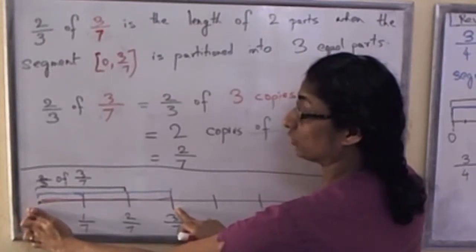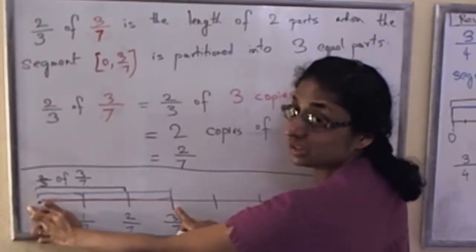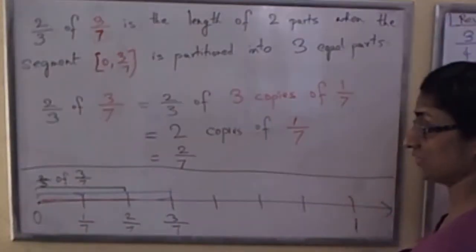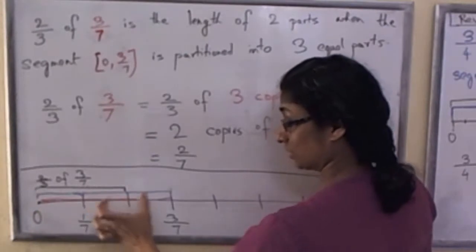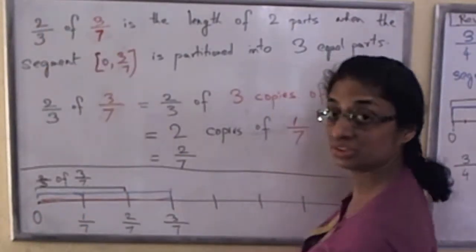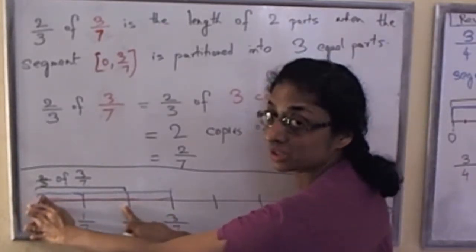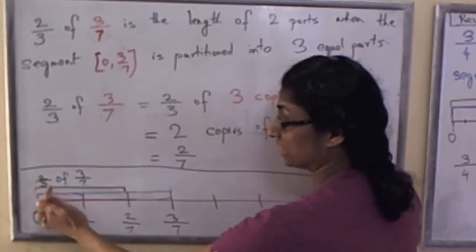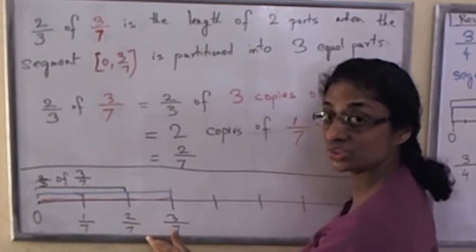Denominator 3 is telling us to partition this into three equal parts. Well, that's really easy because 3/7 comes in 1/7, 2/7, 3/7. Three equal parts already. The numerator 2 tells us to concatenate two such parts. So here it is, the concatenation.